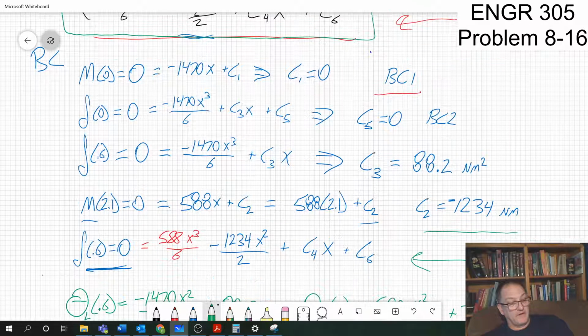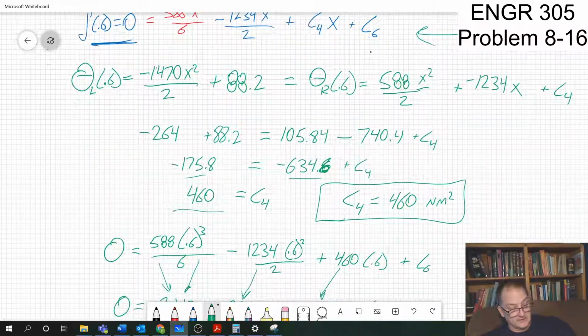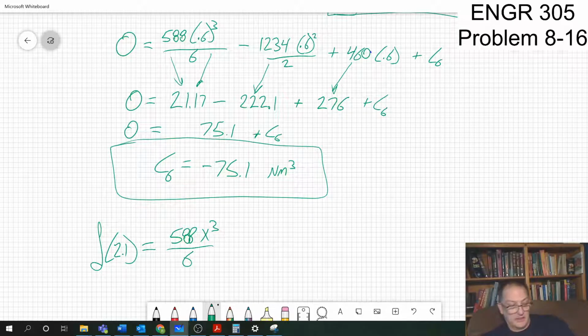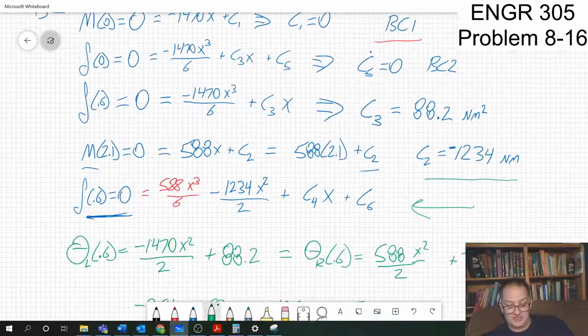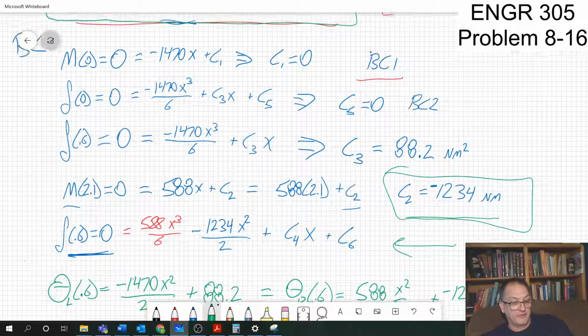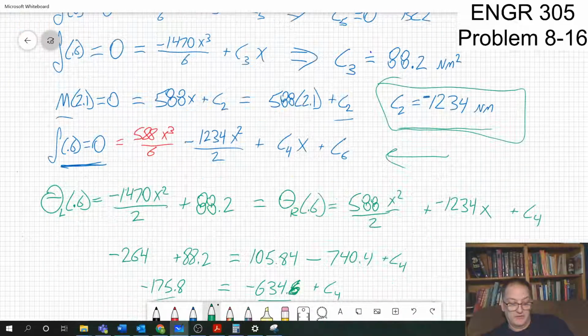So 588 x cubed over 6. And then I'm going to say it's plus C2. So C2 is there, minus 1, 2, 3, 4, and that's x squared over 2.